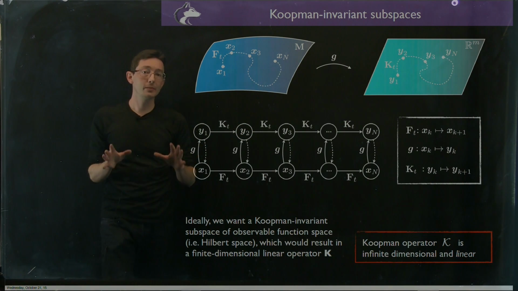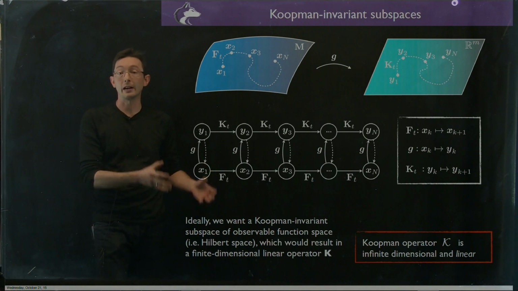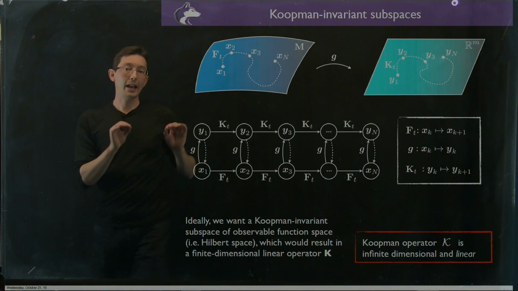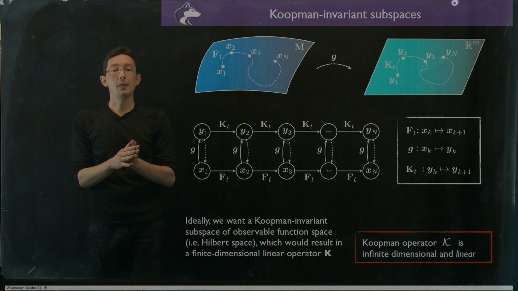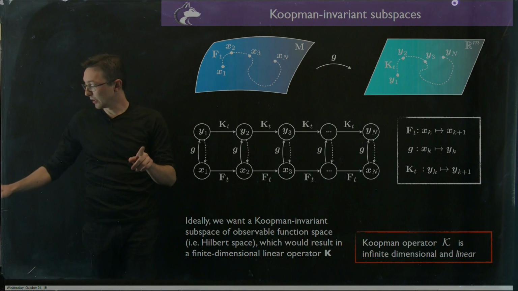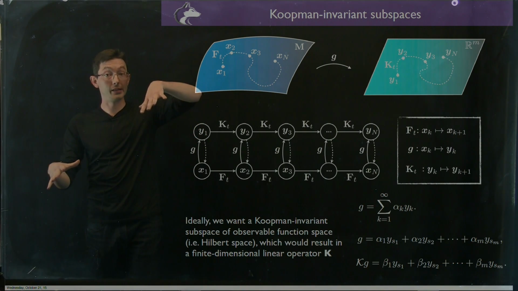And so the only way that you can do this is if you have what's called a Koopman invariant subspace of observables. Okay? So if I have in my observable Hilbert space, there are some eigenobservable functions of my Koopman operator, and those eigenobservable functions always span a Koopman invariant subspace.